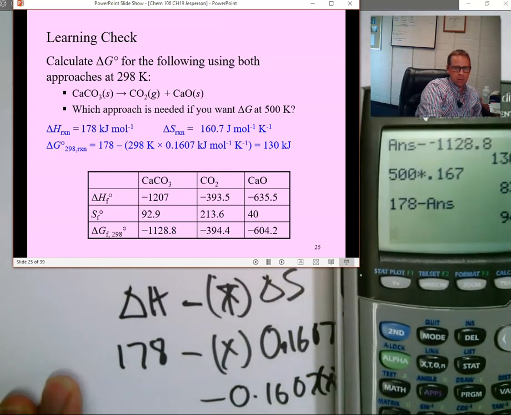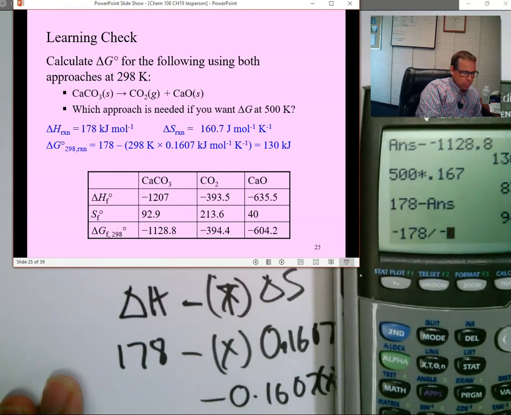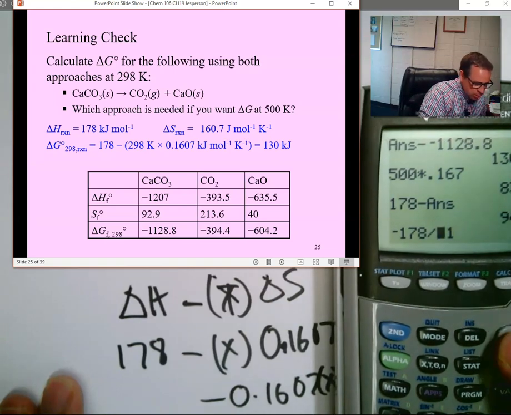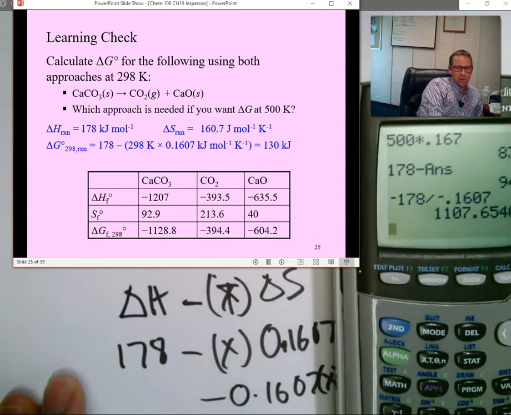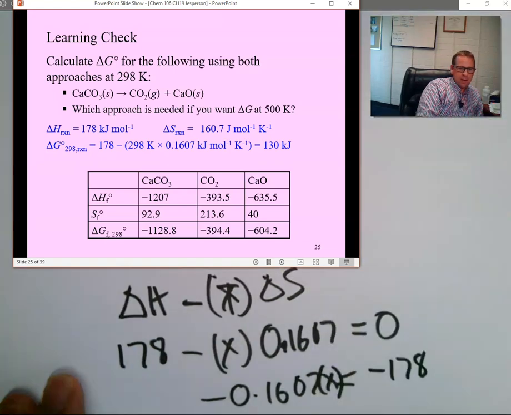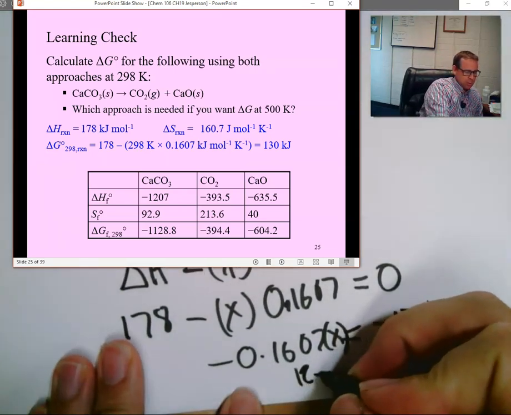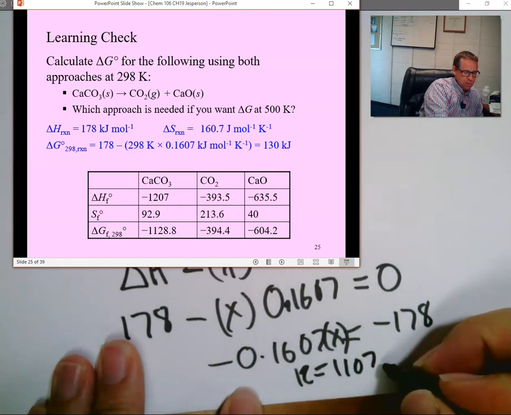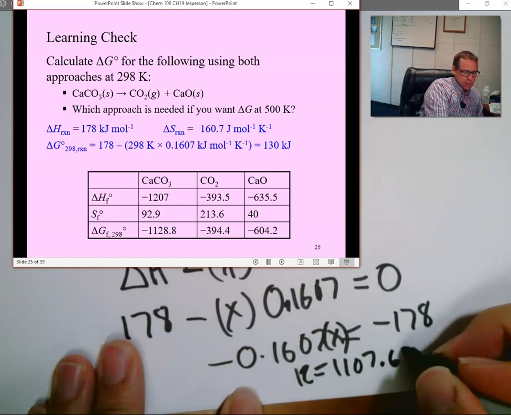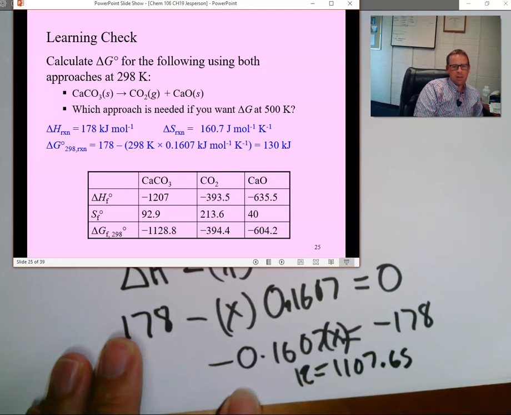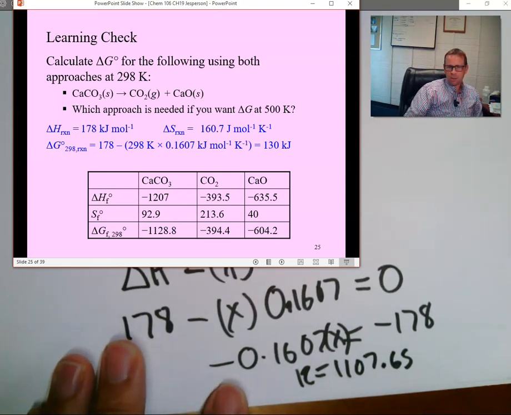So bring in our calculator. Negative 178 divided by negative 0.1607. So at 1,107.65 Kelvin, this reaction will be at equilibrium, and at any temperature higher than that, the reaction will become spontaneous.